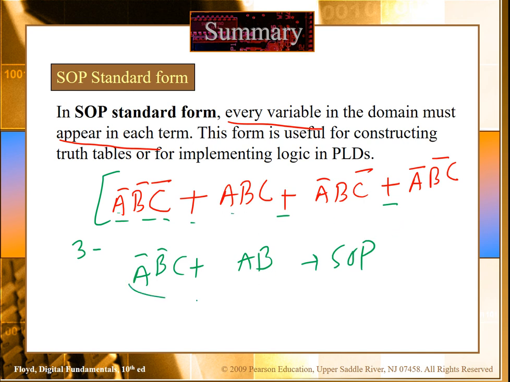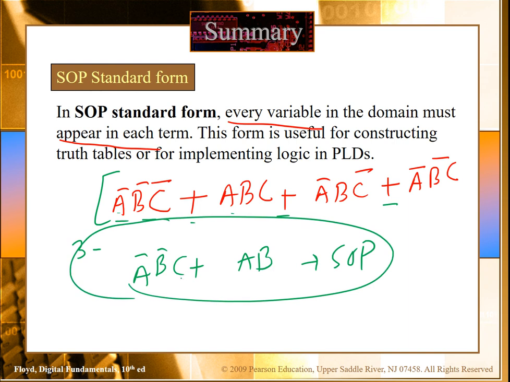Sometimes we get a non-standard form of the SOP and want to convert it to the standard form. What we do is apply a rule: we multiply the term in which a variable is missing by the sum of that variable and its complement.